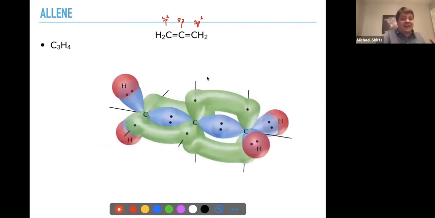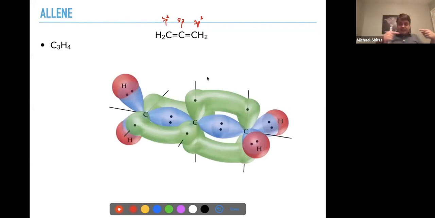The crazy thing, and this shows how this theory actually works, is that if you look at it in three dimensions, you have trigonal planar geometries for both of the carbons on the end, but they have to be perpendicular to each other. Why? Because the one in the middle has two pi bonds.